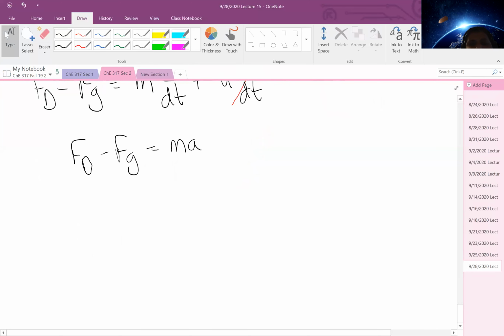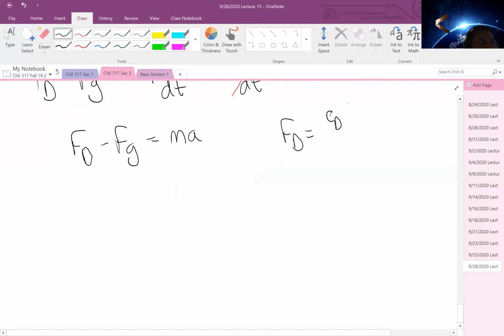Now, I already have an expression for drag force. F_D is equal to what I stated earlier: C_D times rho U squared A_P over 2.